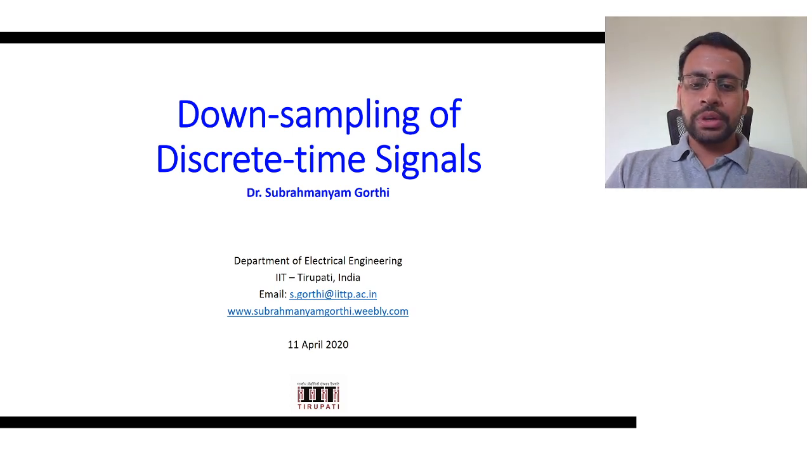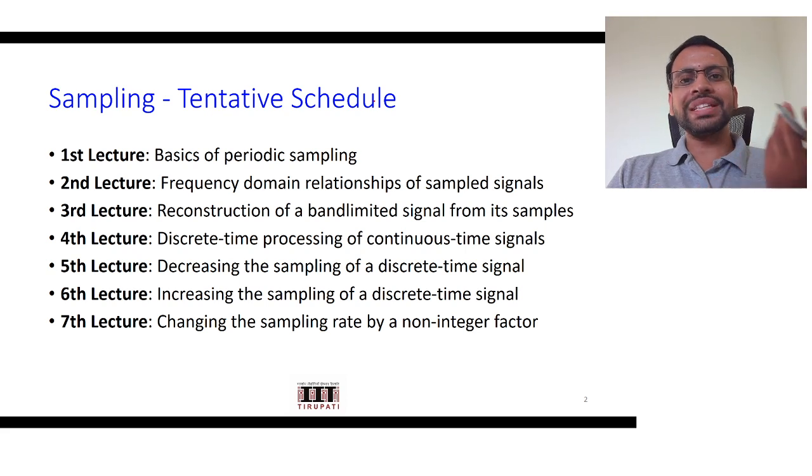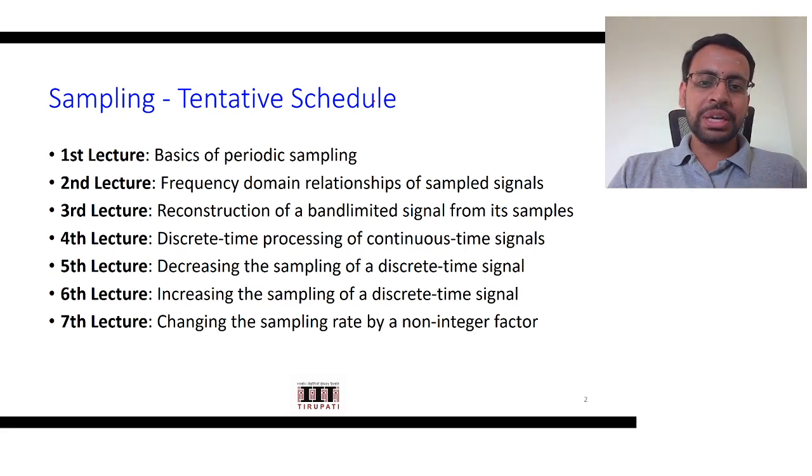We had already discussed the basics of periodic sampling. In the second lecture, we discussed frequency domain relationships of sampled signals. In the next lecture, we discussed, given a discrete time signal, how you could reconstruct the continuous time signal.